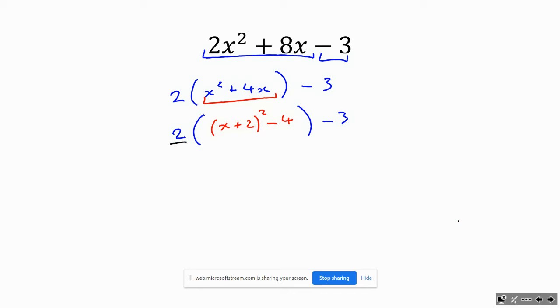I then have to remember that I now need to expand these brackets properly. So I have to do 2 multiplied by every term in the bracket. And you can see, because this is in brackets, that's 1 term, and that's another term. So I need to do 2 multiplied by both of those terms. If I do 2 multiplied by a bracket, I can just literally write 2 and then the bracket.